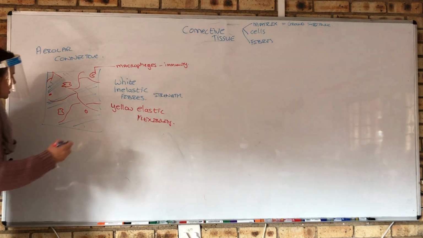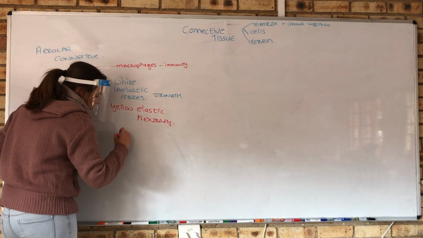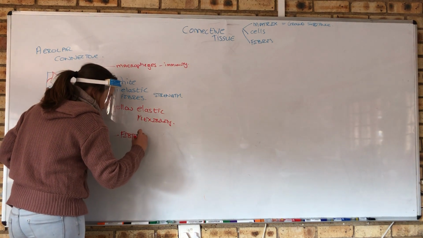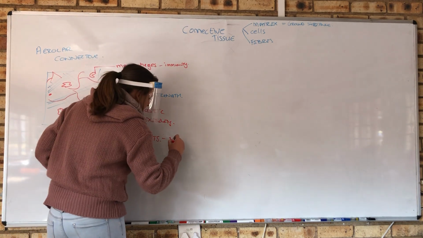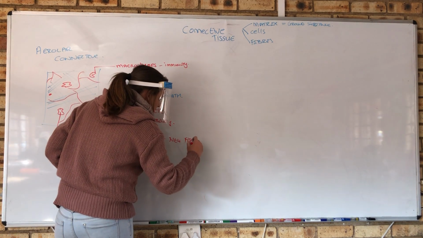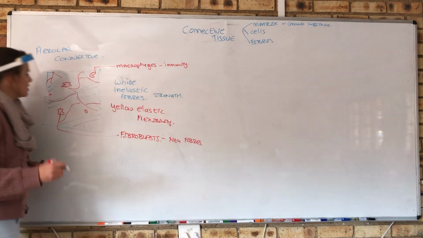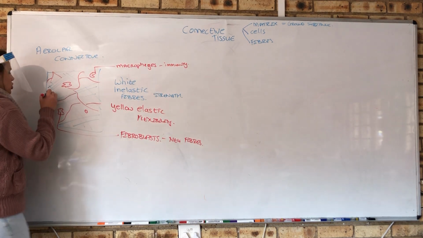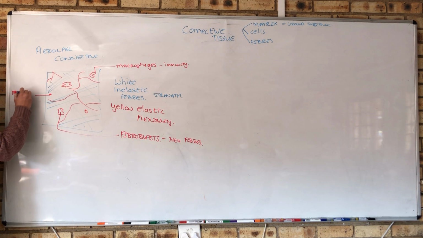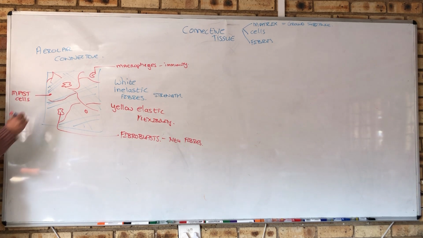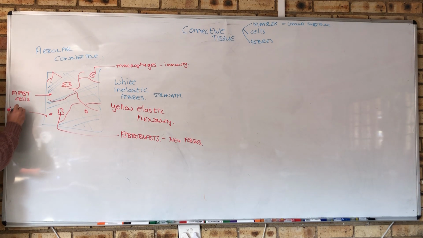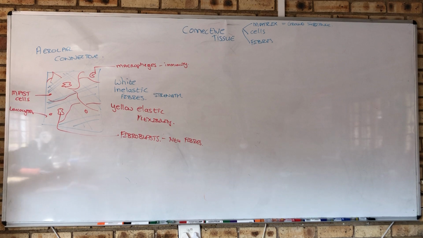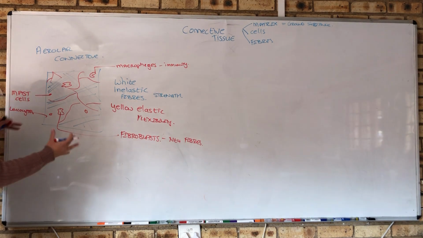Then we have fibroblasts. Fibroblasts make new fibers. And then we have a whole bunch of other ones like leukocytes or mast cells. Mast cells have an immune reaction, and leukocytes too. Both of these provide immunity. Okay, so that's areolar connective tissue.